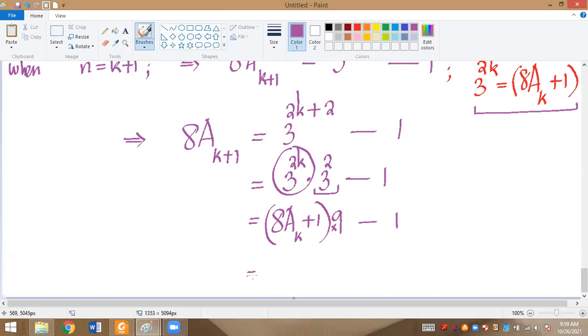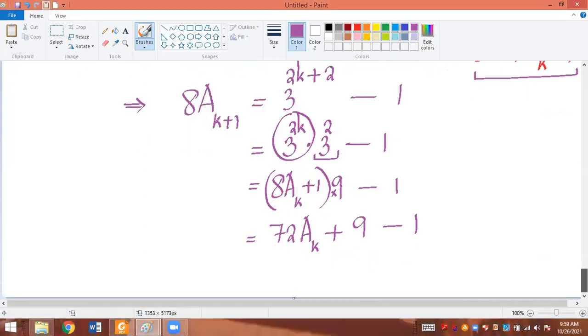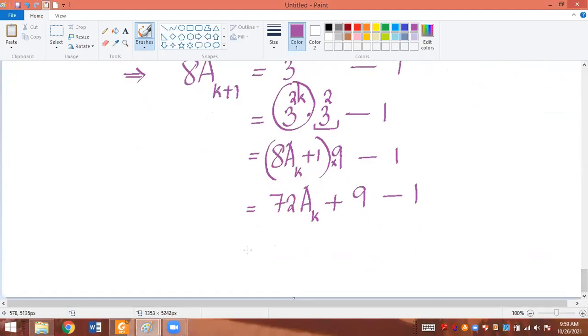So when that 9 enters the brackets, you will have 8 times 9, which is 72. 72a_k plus 9 minus 1. We are interested in creating a multiple of 8 to confirm that proof does hold still. This is the same as 72a_k plus 8, if you do agree.